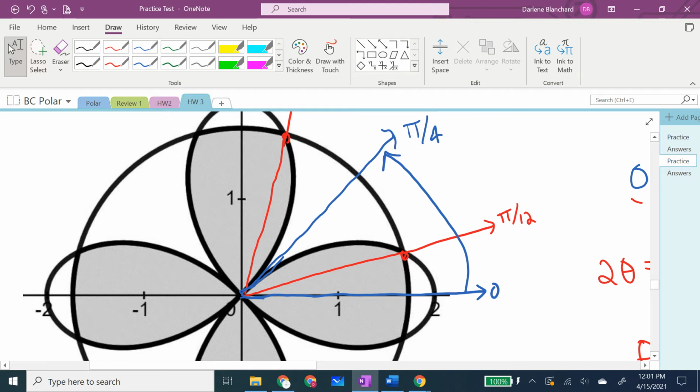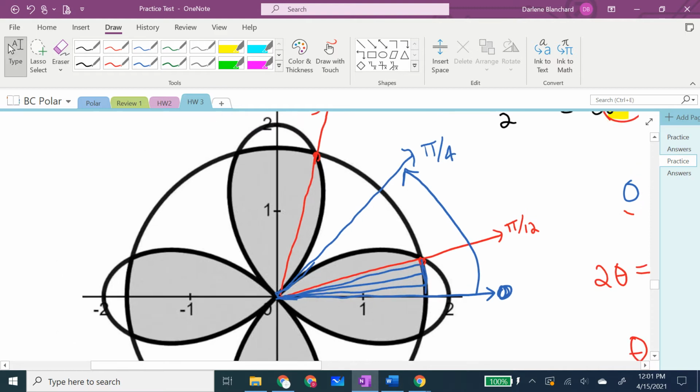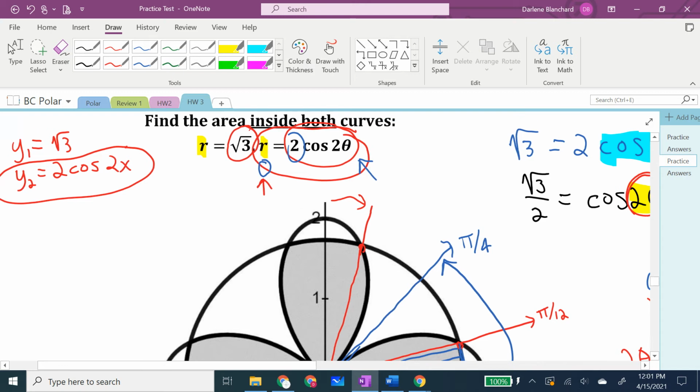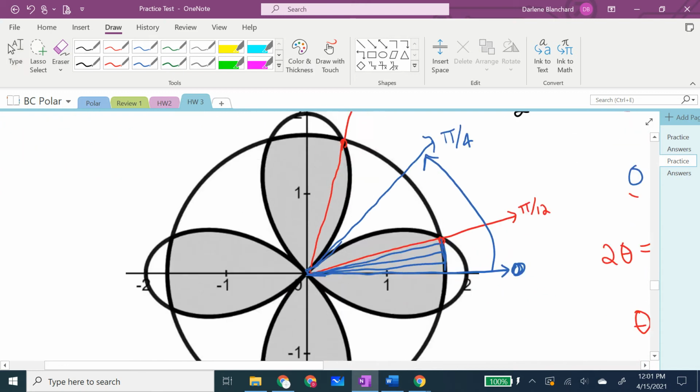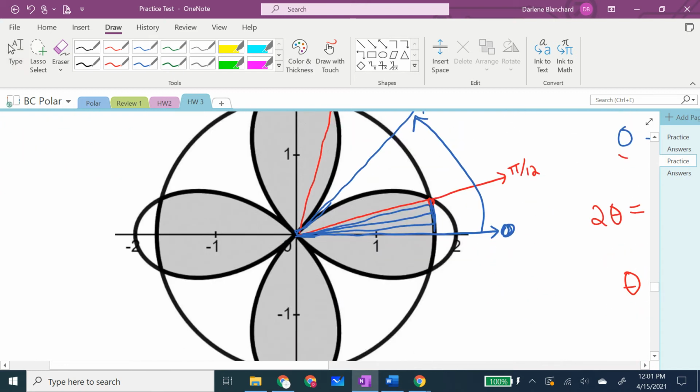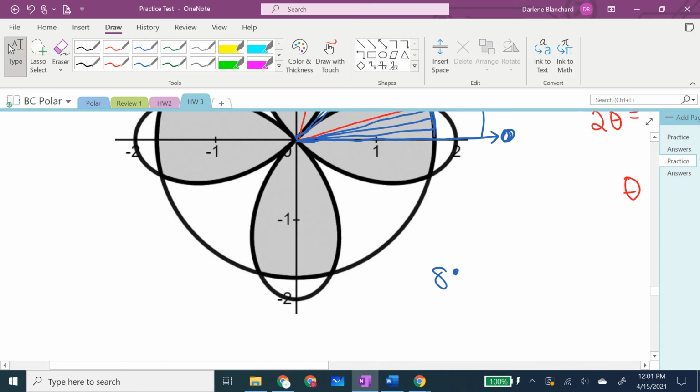Now, when I start off from angle 0, I am going from the pole to the closest of the 2 polar curves. And I am following the circle whose equation is r equals the square root of 3. Now, you can bring in area of a circle instead. It's up to you.